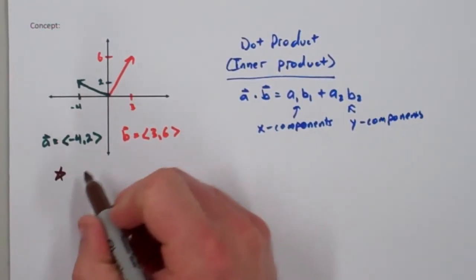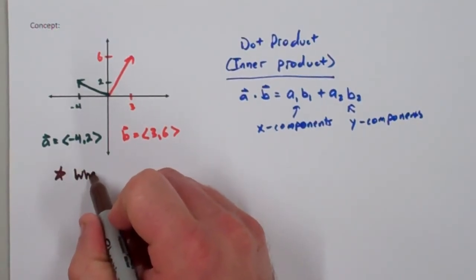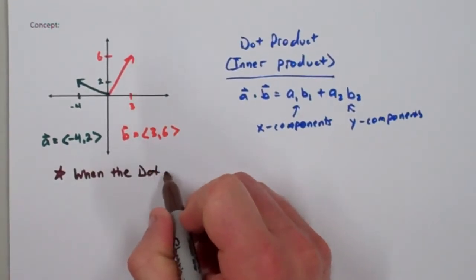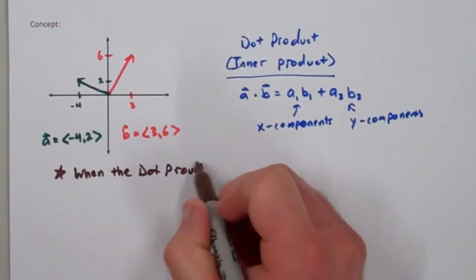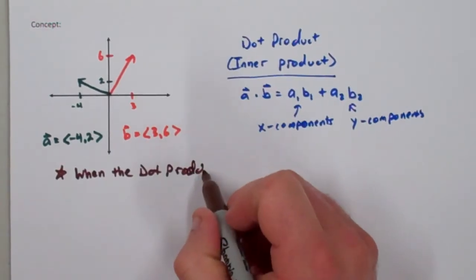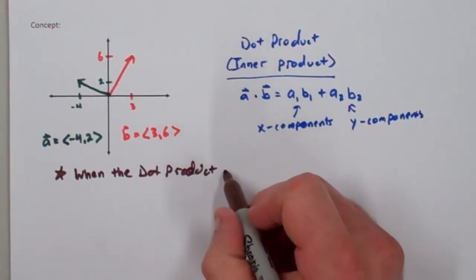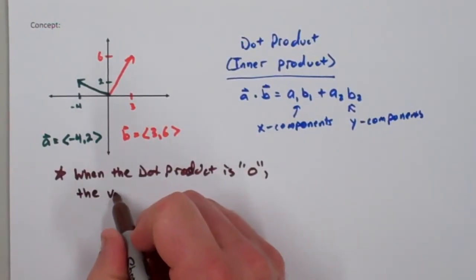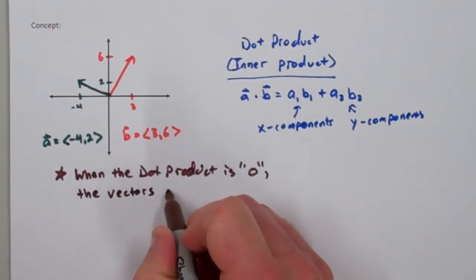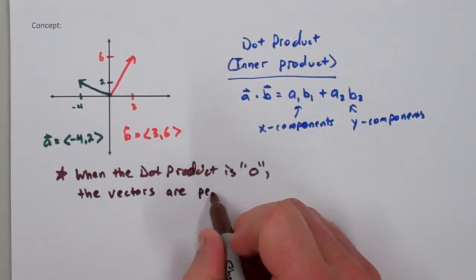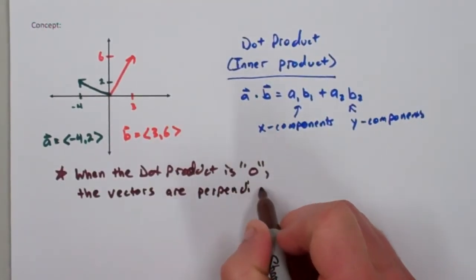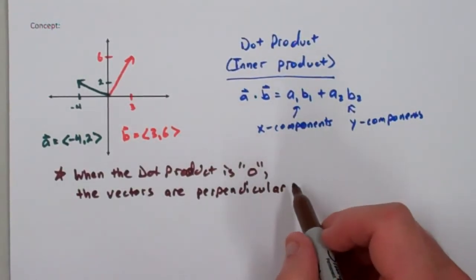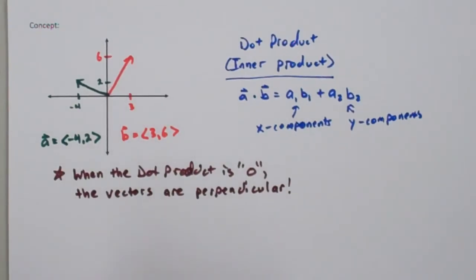So I'll put a little asterisk here: when the dot product is 0, the vectors are perpendicular. So kind of a special thing happens there: if you take the dot product and it's 0, then that means that those vectors are perpendicular.